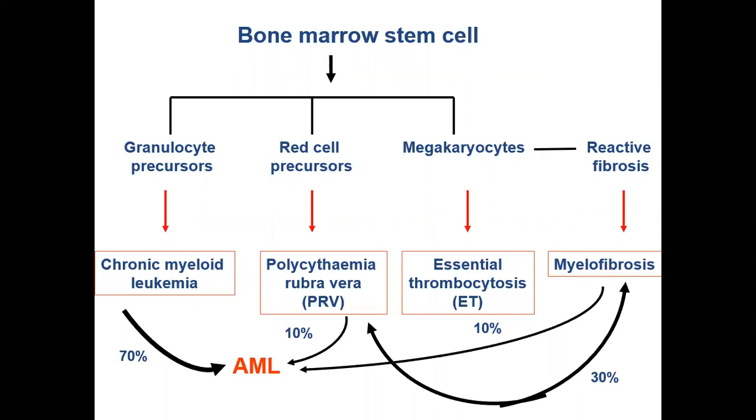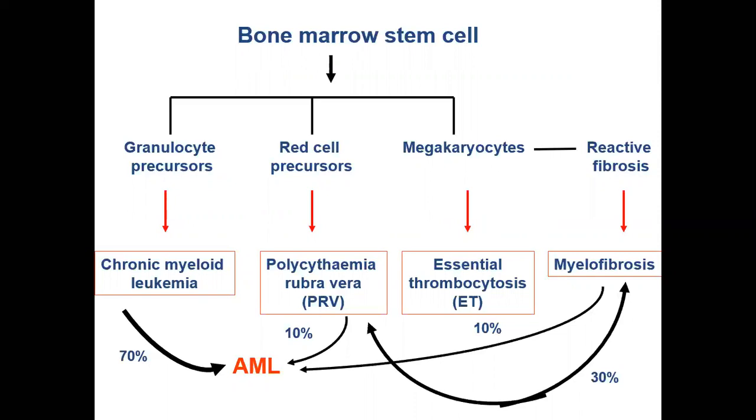Previously, we included chronic myeloid leukemia in the classifications of MPN. Recently, chronic myeloid leukemia has been separated. Chronic myeloid leukemia has the propensity for transformation into acute myeloid leukemia in 70% of cases.